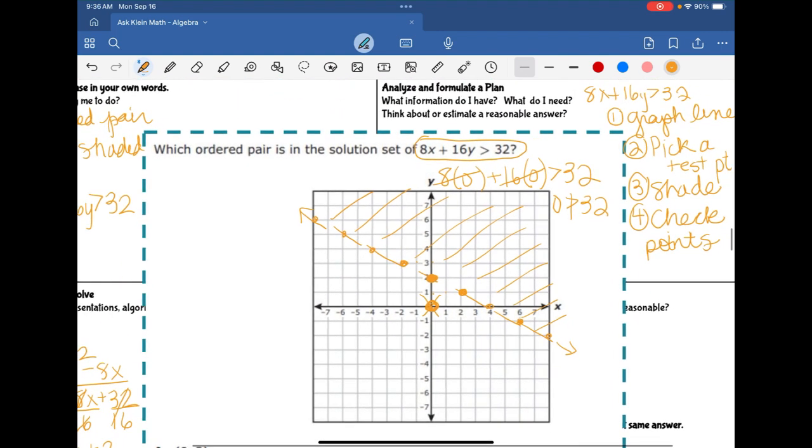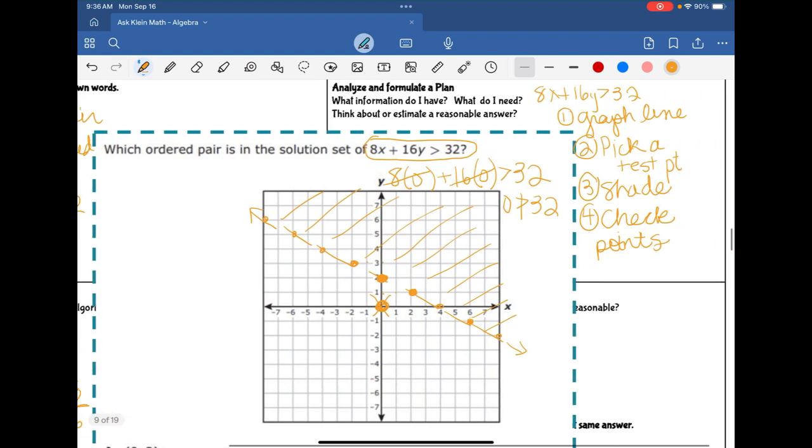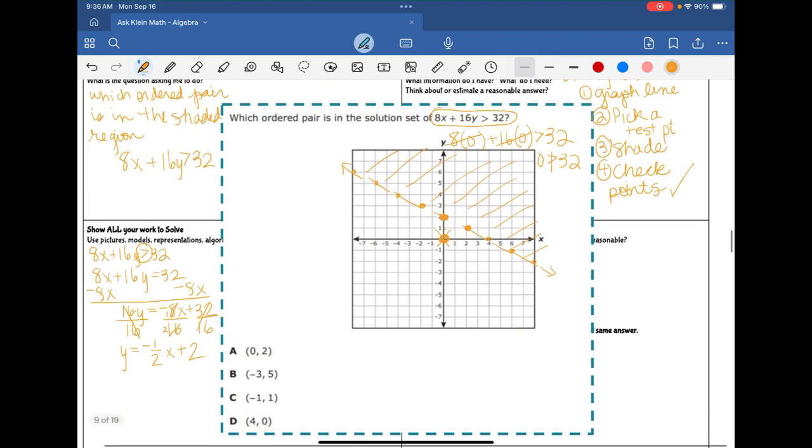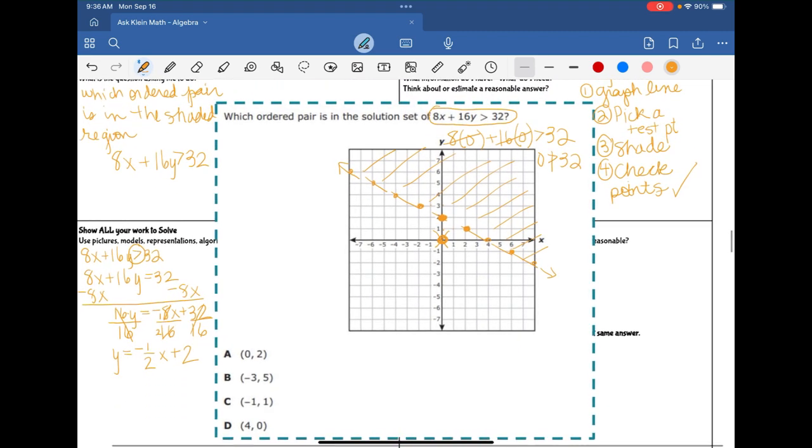All right, so my next step is to check the points, and I've got these points listed right below here. 0, 2 is on the line. It's a dotted line, so that is not in the shaded region. Negative 3, 5 is in the shaded region.